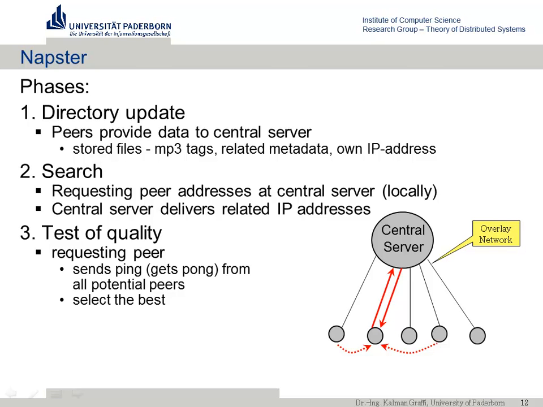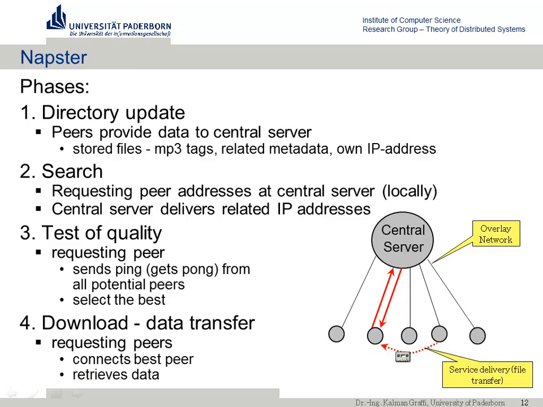In advance, you do not know how fast these peers might send you the file. So you send some ping message, and depending on the delay, you know how much bandwidth you have, basically. And finally, you have the direct download from peer to peer, so that's why it's still listed under peer-to-peer networks.